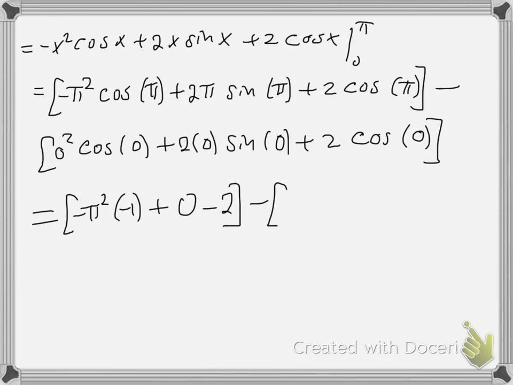Zero squared times cosine of 0, that's simply going to be 0. 2 times 0 times sine of 0, that's going to give me another 0. And then the cosine of 0 is 1. With a 2 in front, that's going to give me a positive 2. So this simply boils down to being positive pi squared minus 4.